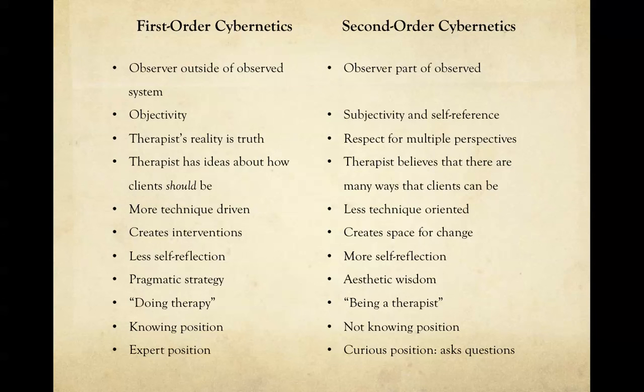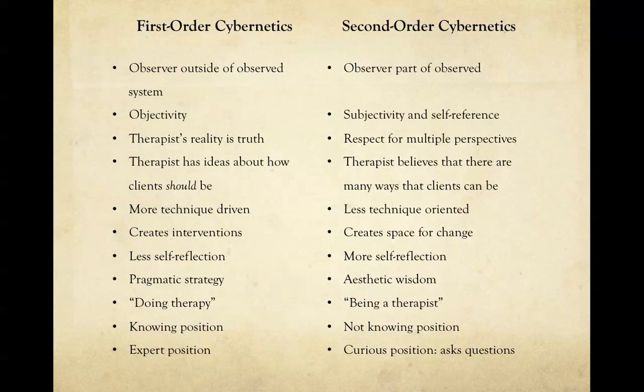A first-order cybernetician has ideas about how clients should be. A second-order cybernetician or therapist believes that there are many ways that clients can be, and so he or she operates with curiosity and respect.